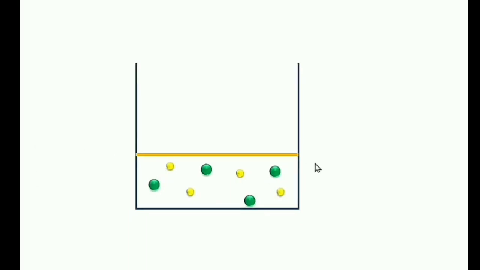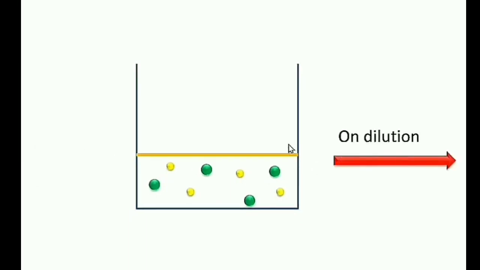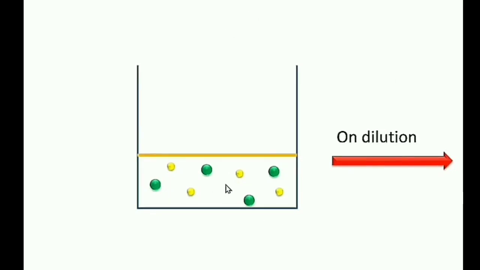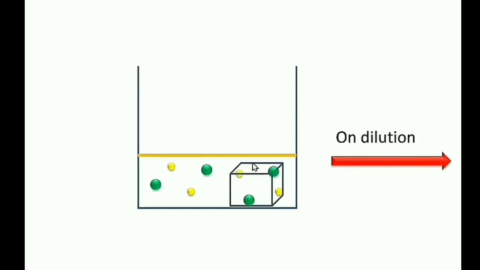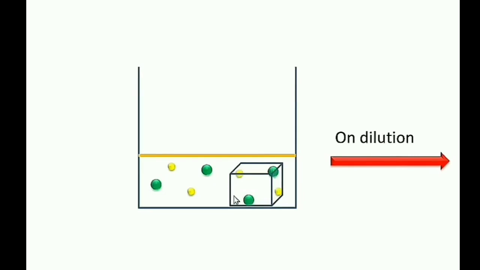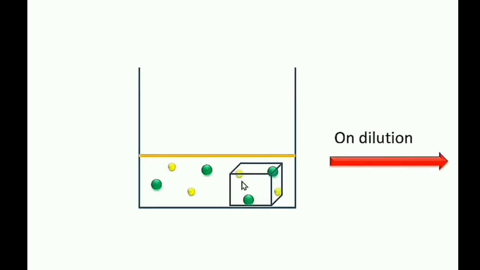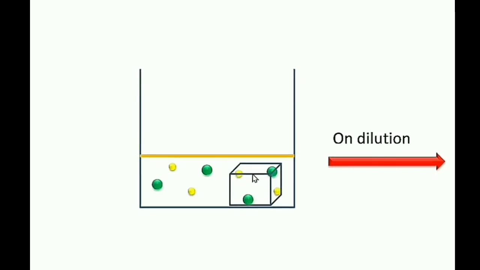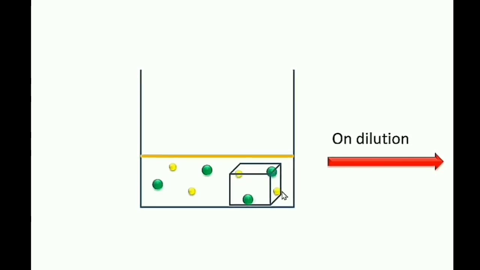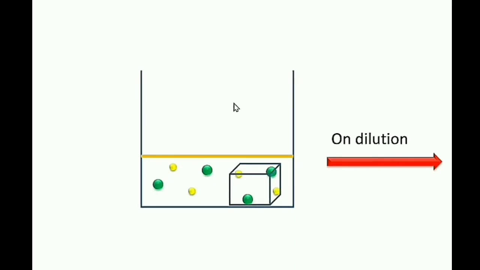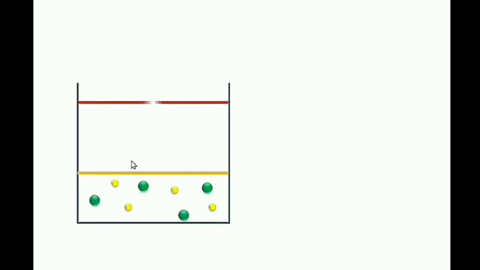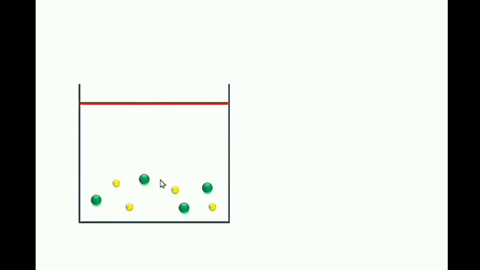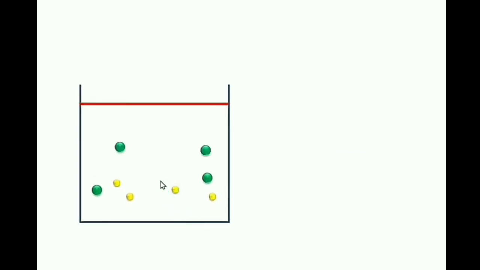The unit volume contains 2 Na plus and 2 Cl minus ions, which on dilution, as the volume of the solution increases, the number of ions remains the same, but the mobility of ions increases.